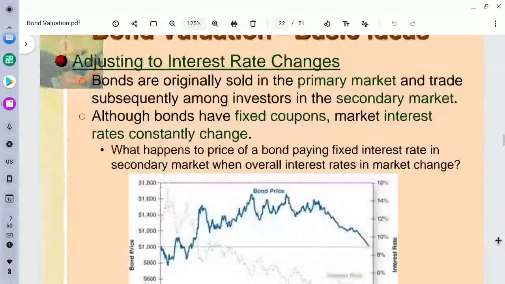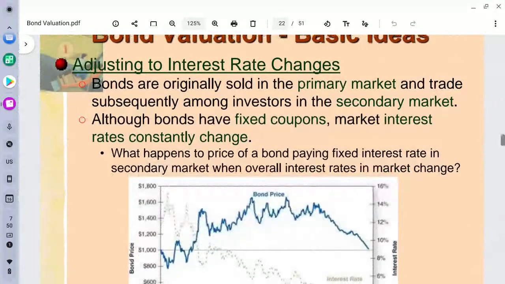Now, we realize here that the bond prices will depend on the discount rate. And the discount rate is the prevailing market rate.